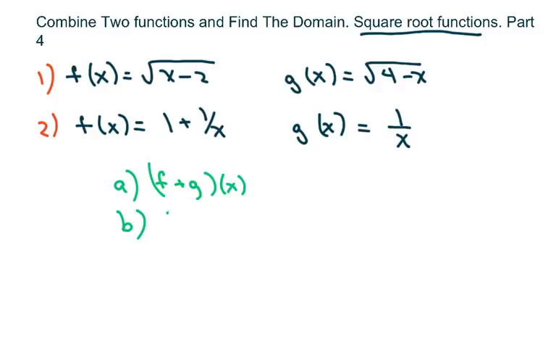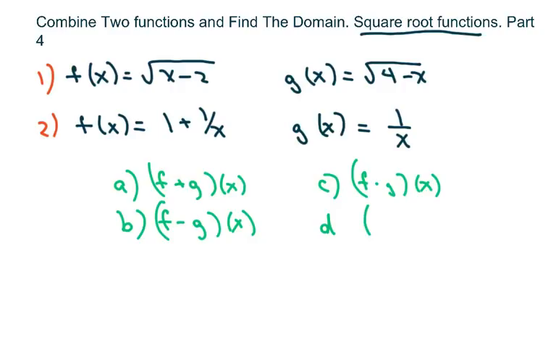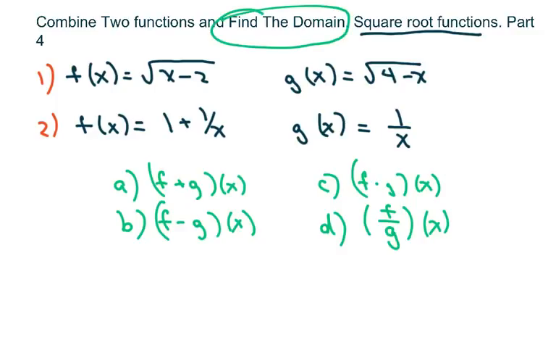Then f minus g of x. The third is f times g of x. And we're also going to find f divided by g of x. Again, the main thing we're really searching for is the domain after we combine the two functions.